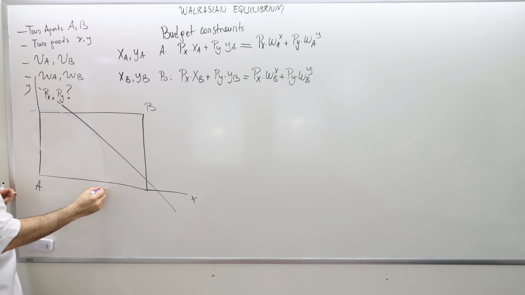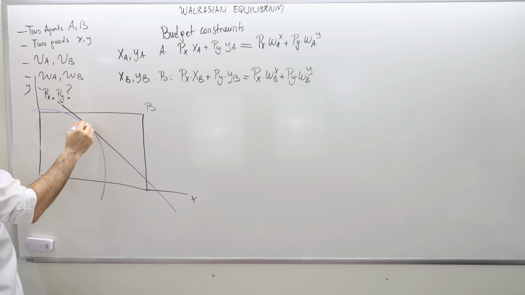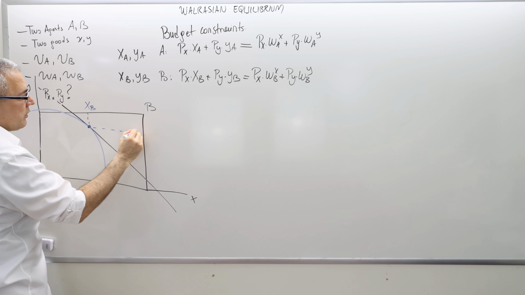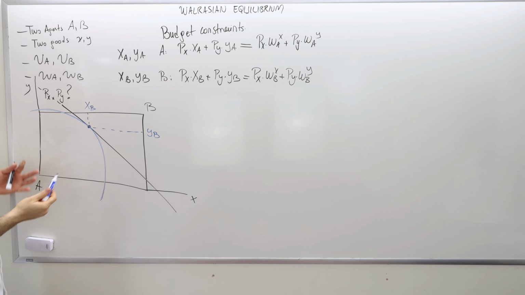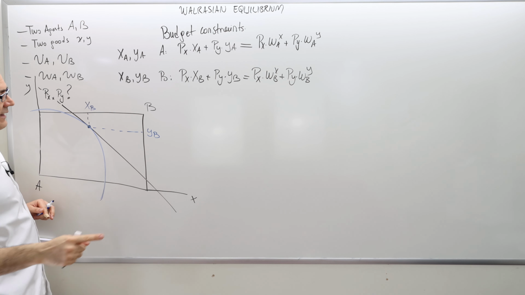So let's suppose agent B maximizes her utility, and this is her optimal point. All right, so this is XB that she would like to consume, and this is YB. Oh, by the way, where is the initial endowment? Yeah, good point. Well, that's a very good question. So where is the endowment?